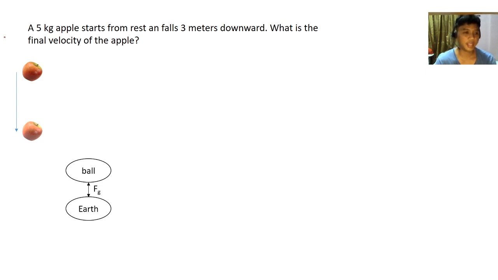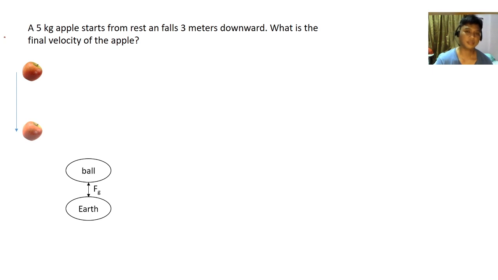You have a ball and an earth. Those are the only two objects you have in this problem. There is no air resistance, and they are interacting gravitationally.